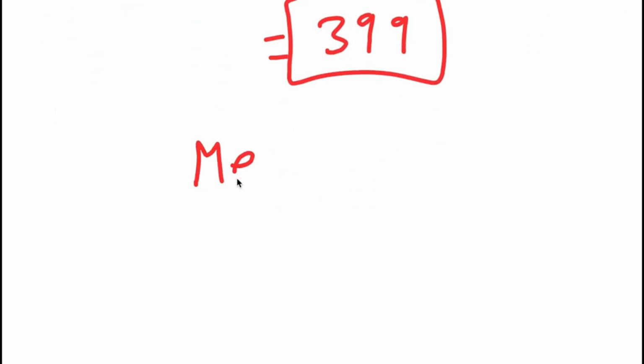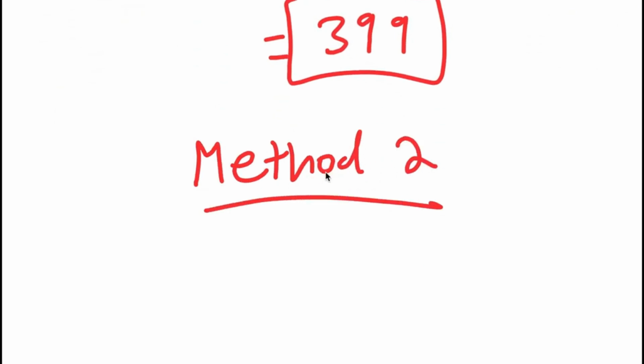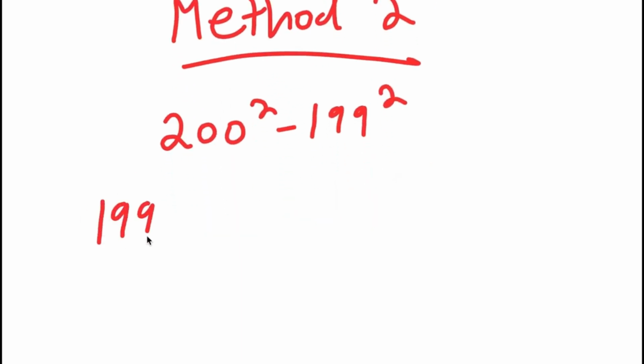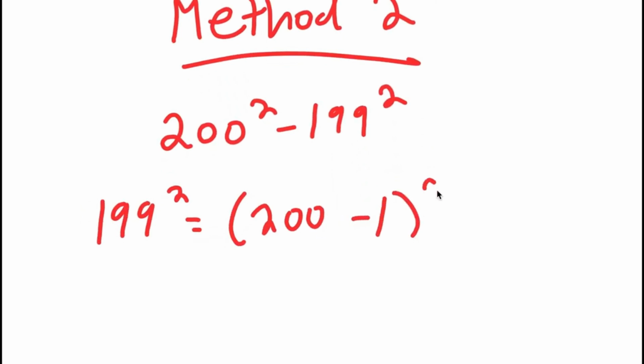Now for method number 2, my problem was 200 squared minus 199 squared. And now for this method, what I'm going to do is rewrite 199 squared as 200 minus 1 squared.